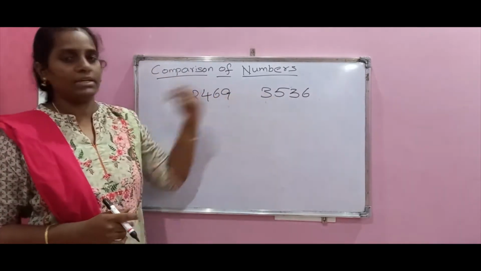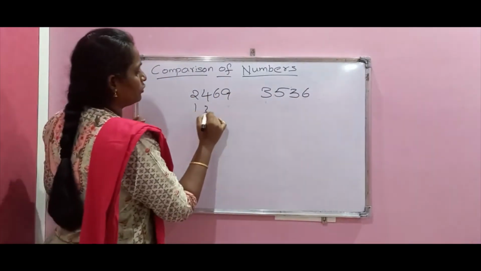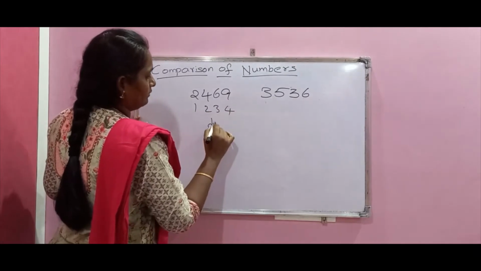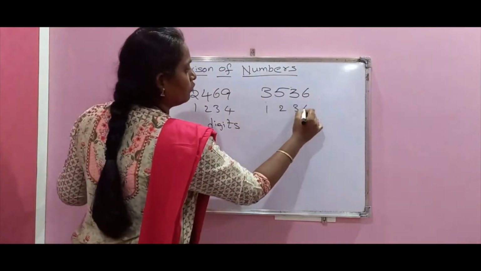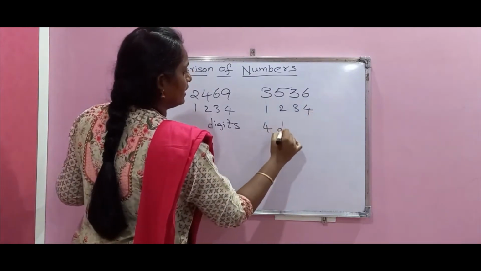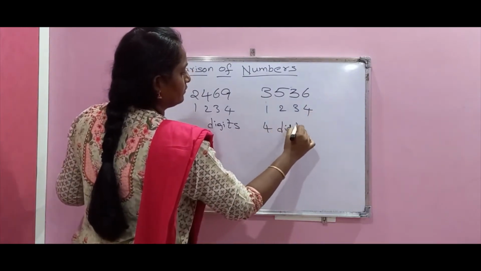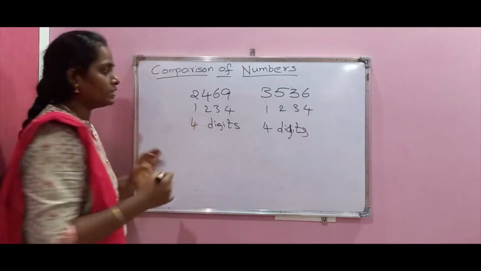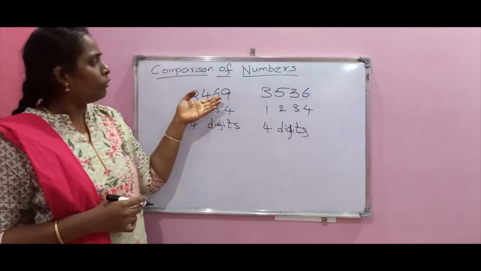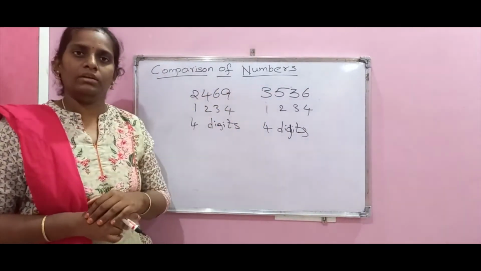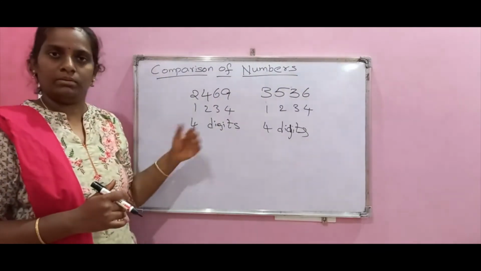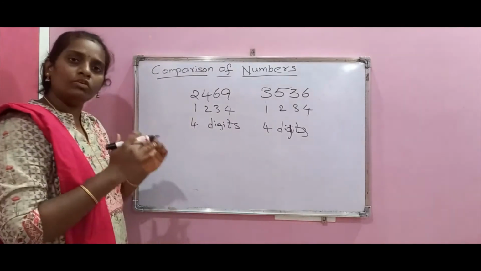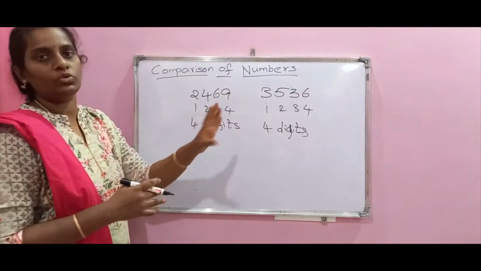So, which is the biggest number? Here there are 4 digits, and here also 4 digits. So, both numbers have the same number of digits, and we cannot compare using this method. So, we use another method to compare these two numbers.